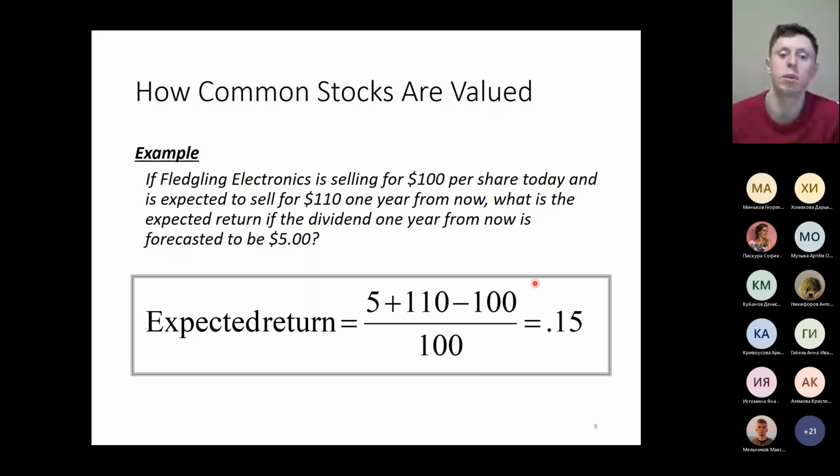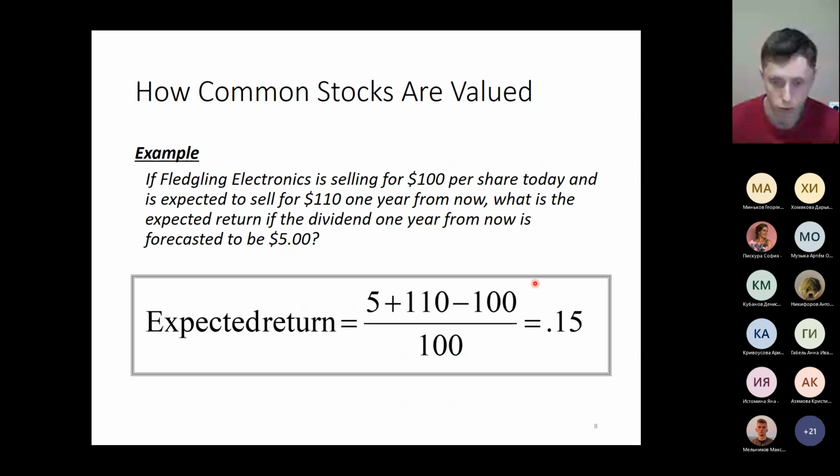Here is an example. The firm Fledging Electronics is selling its stocks for 100 per share today. We expect it to rise to 110 in a year. And also the firm announced a dividend of $5 per share.